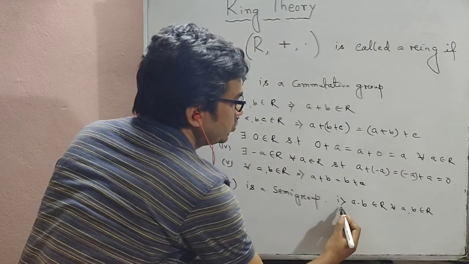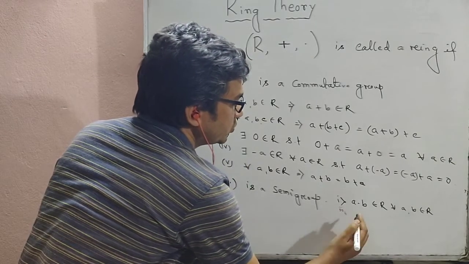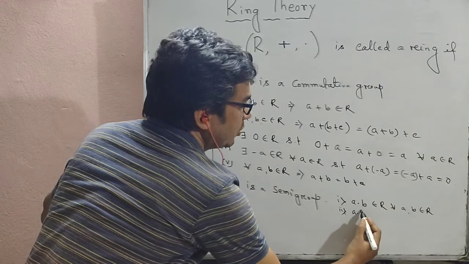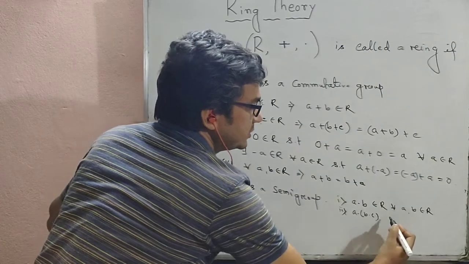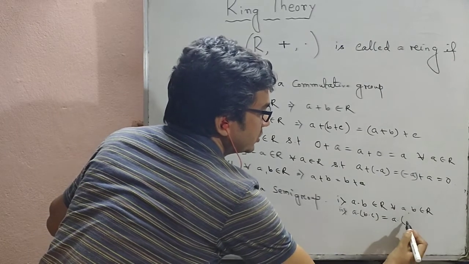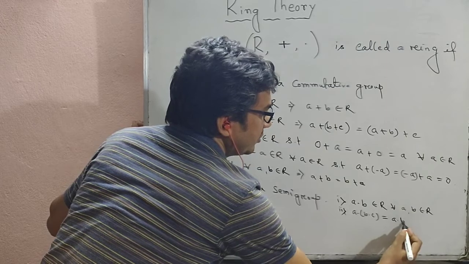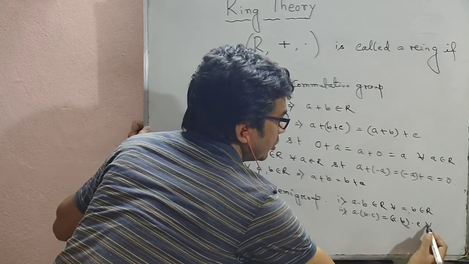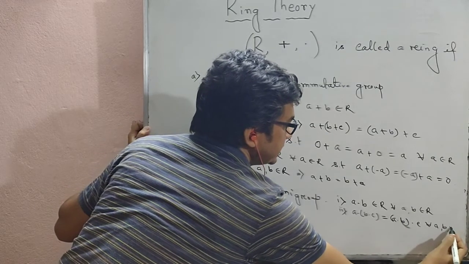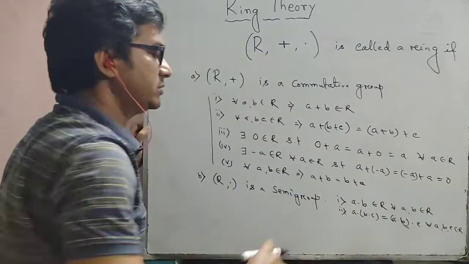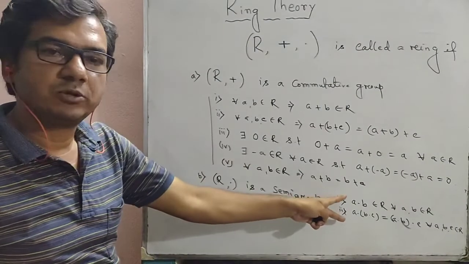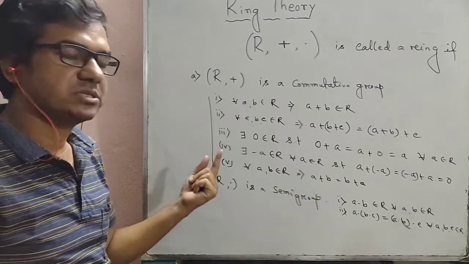And property 2, A dot B dot C equals A dot B dot C for all A, B, C belongs to R. And these two properties together represent R dot is a semi-group.